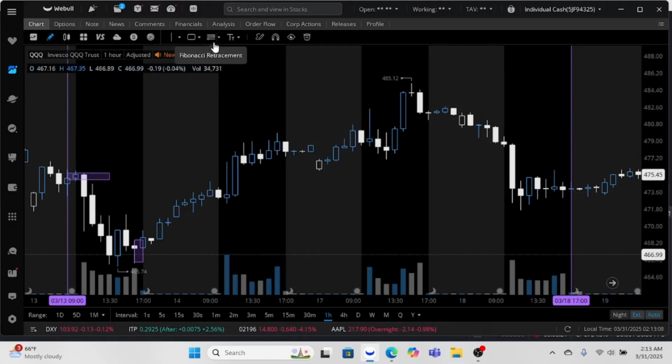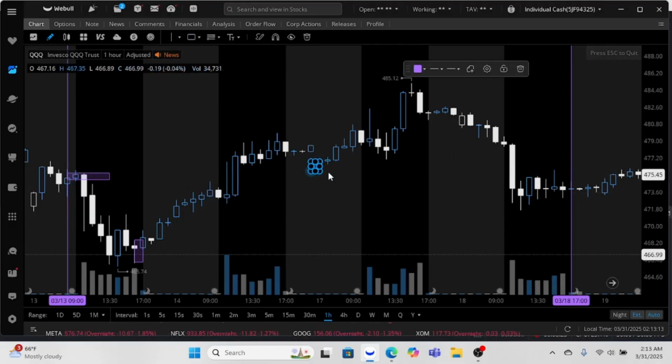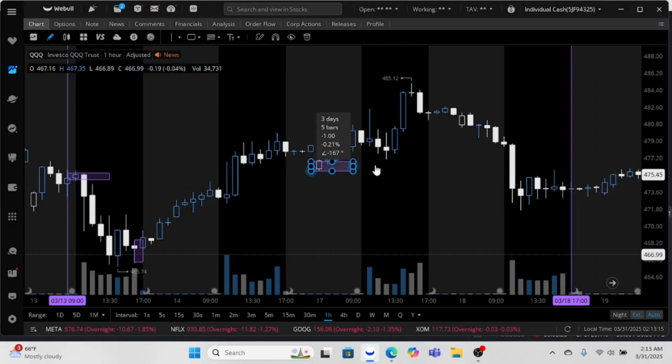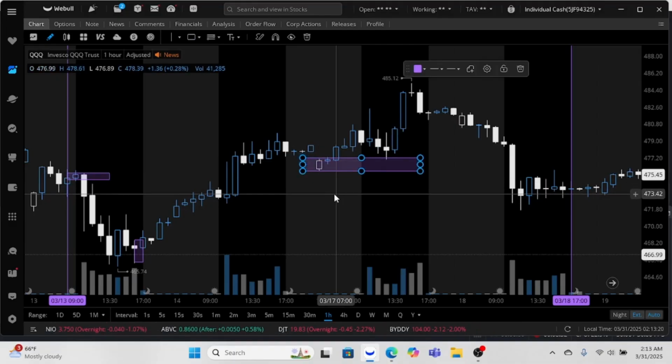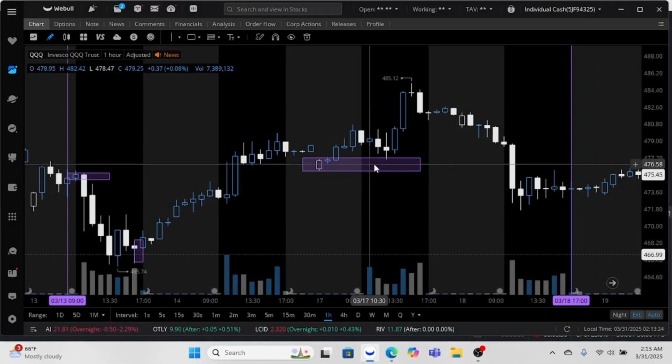So order block. So that's 2 bullish order blocks.